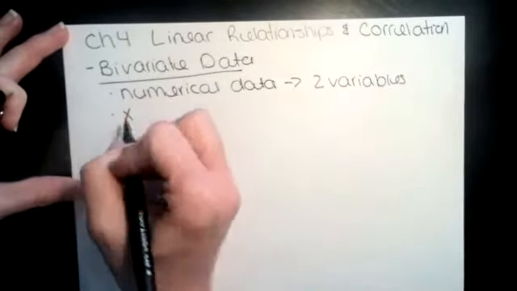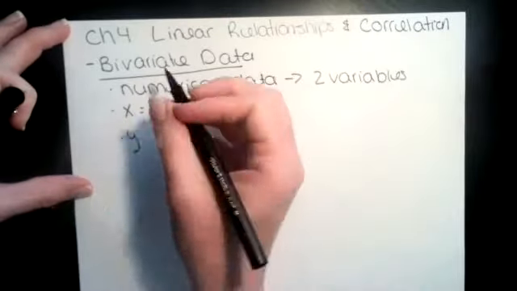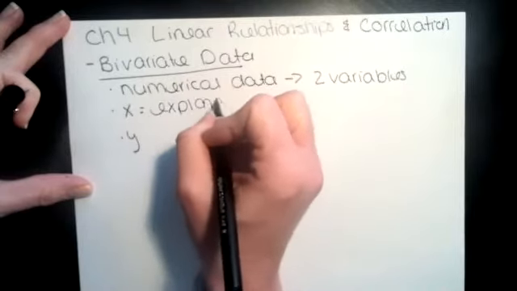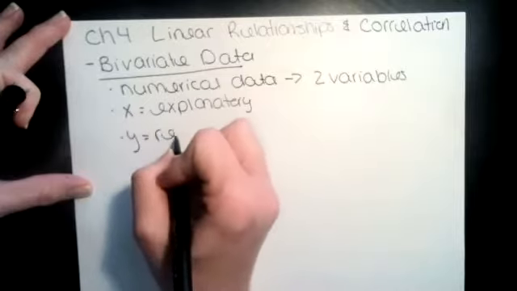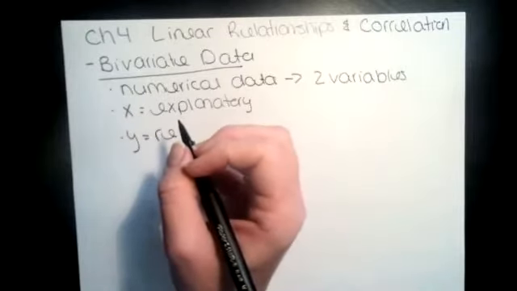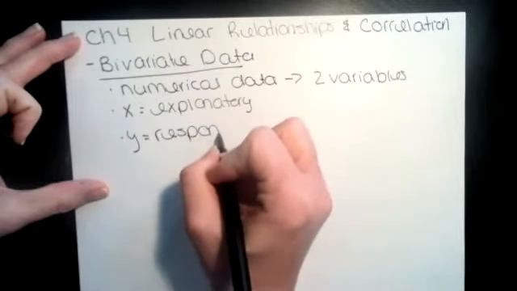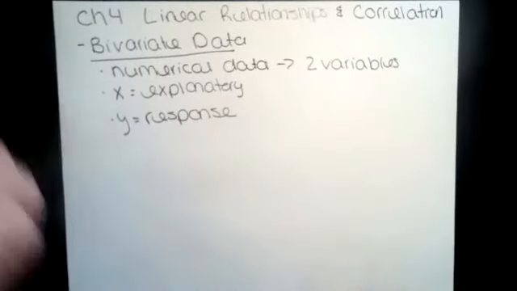So we have our X and our Y variables. X is what we call the explanatory variable, and Y is what we call the response. Well, we'll just call it the response for now. Sometimes I'll share with you some other names for different things, and I'll throw that in there.